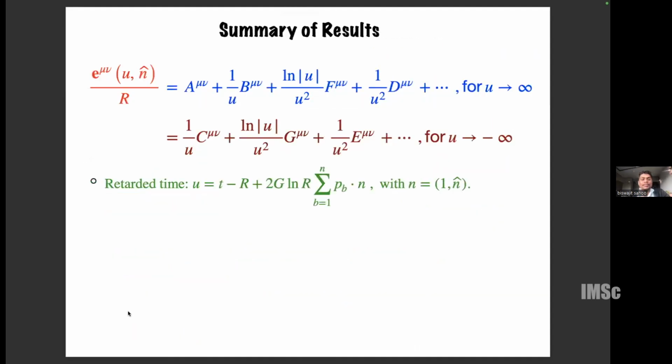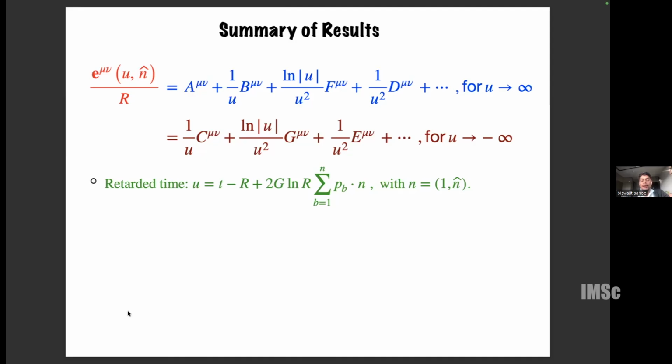Now I'll first summarize the results for the gravitational waveforms by going to time space, doing a Fourier transform from frequencies to time. The terms I was mentioning, 1 over omega, log omega, omega log omega squared, behave as follows. The 1 over omega piece gives a contribution A mu nu to the waveform at u going to plus infinity.